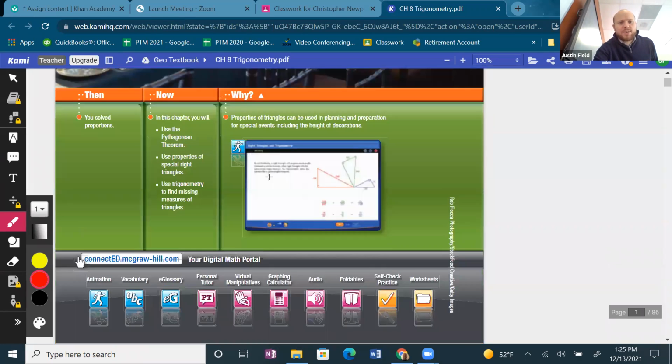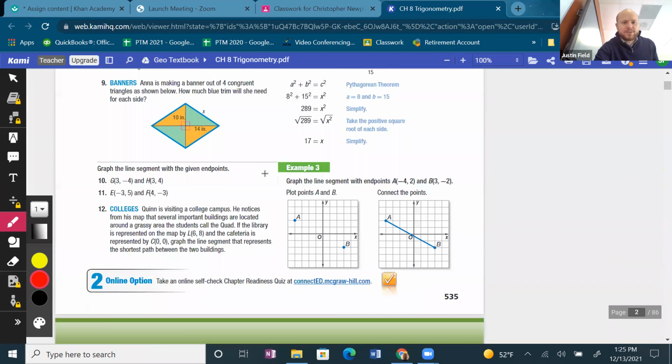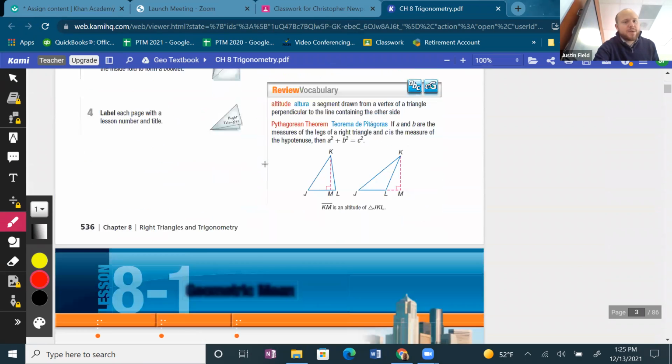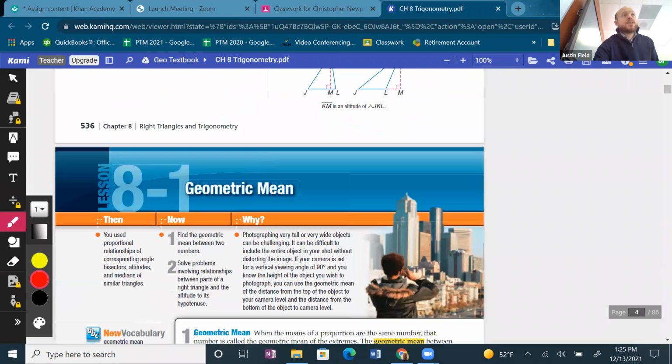So this is about triangles, and that is why we're skipping to chapter 8, because we could go into quadrilaterals, but that would mean more proofs. So I want to take a break from proofs, and I hope you don't mind.